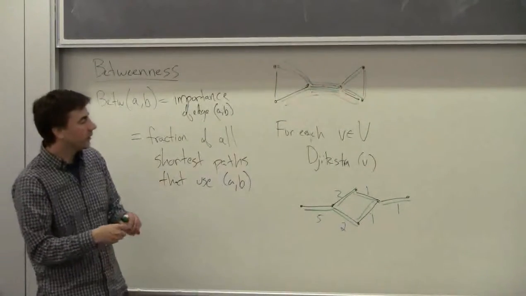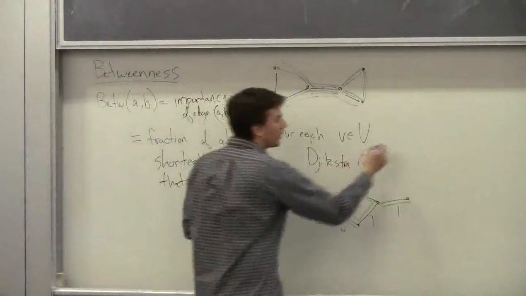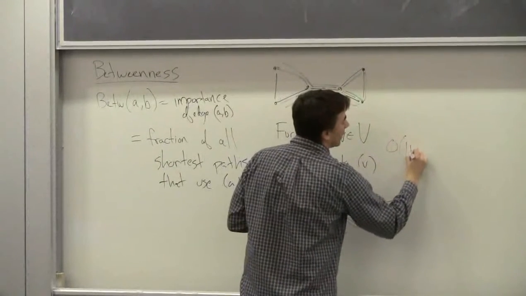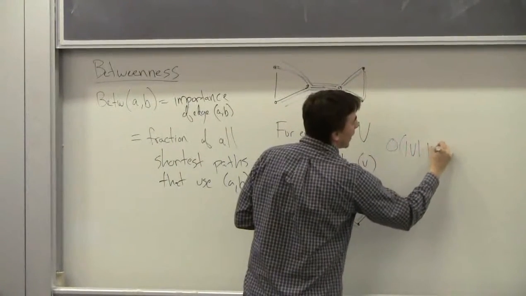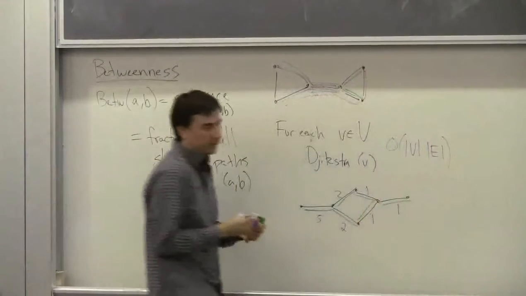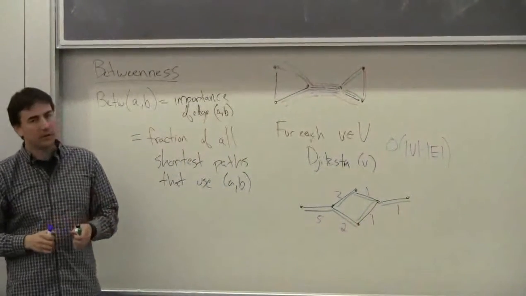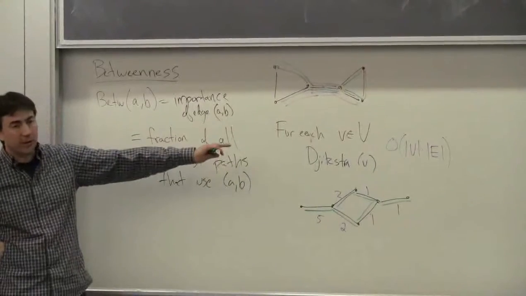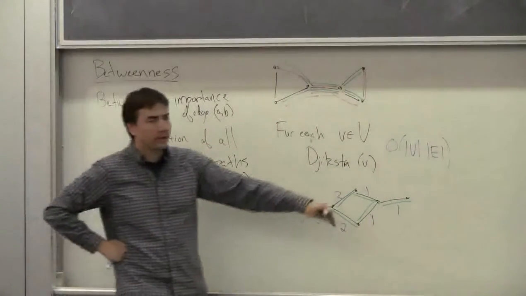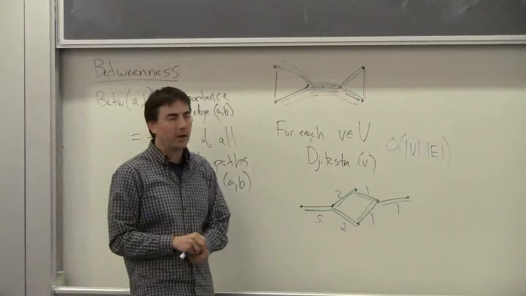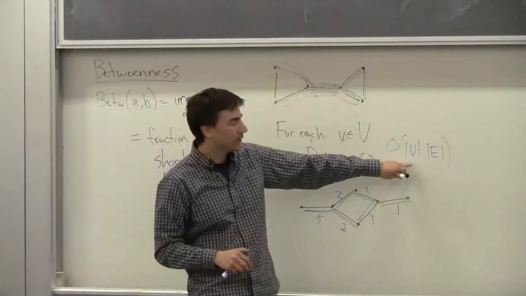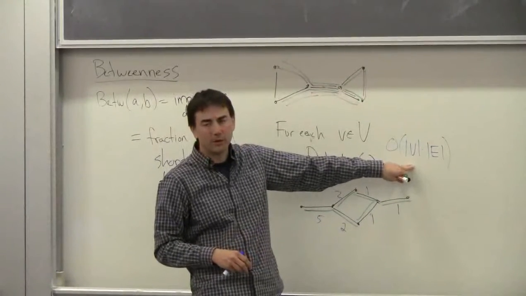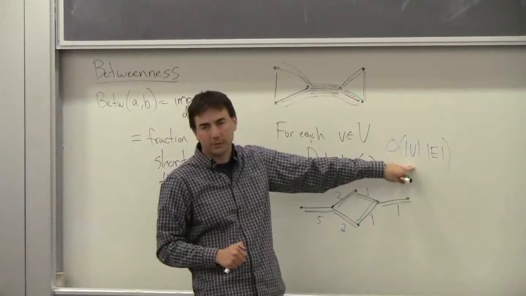Okay, so if you do this correctly, you can get this to run in time that's the number of vertices times the number of edges. And this is still pretty slow if you're dealing with a really large graph. Say the Facebook graph: Facebook has over 1 billion people now.